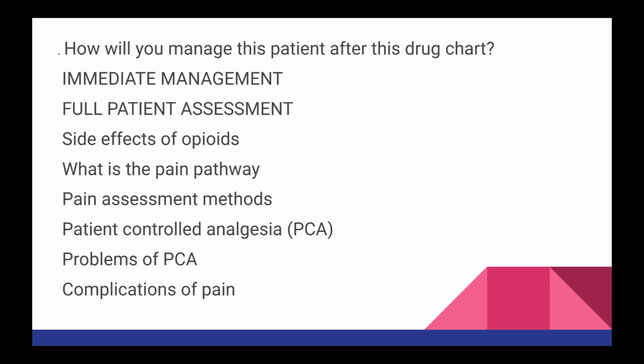Can you elaborate what is the pain pathway? Yes, sir. The pain is carried to the brain with the help of the lateral spinothalamic tract. The pain fibers are A delta and C fibers. A delta is for sharp pain and C is for slow pain.